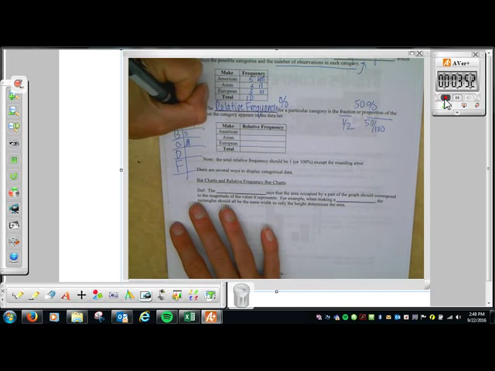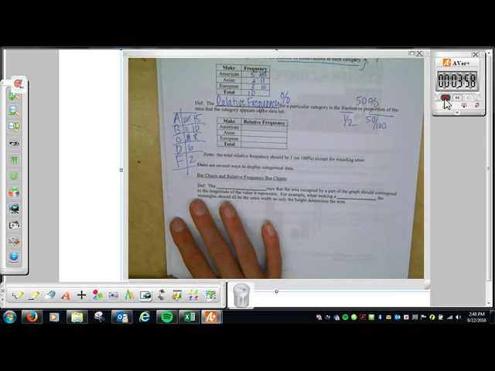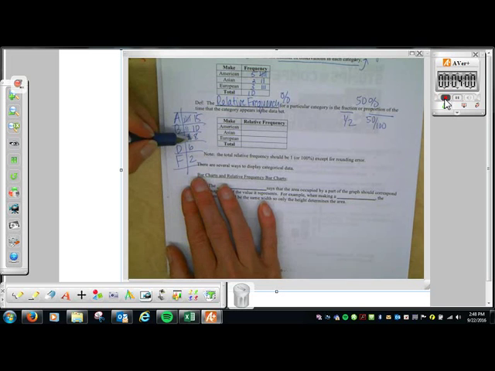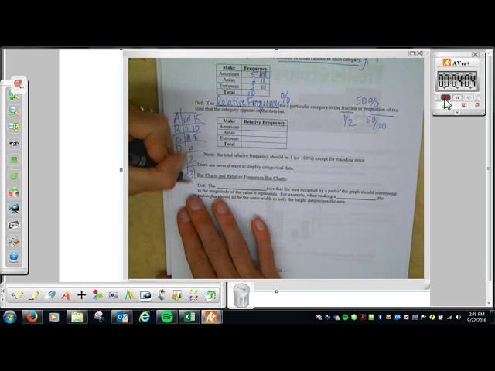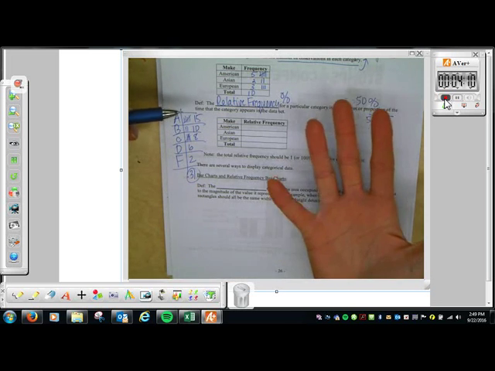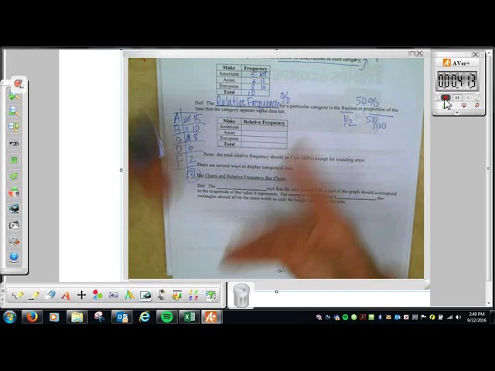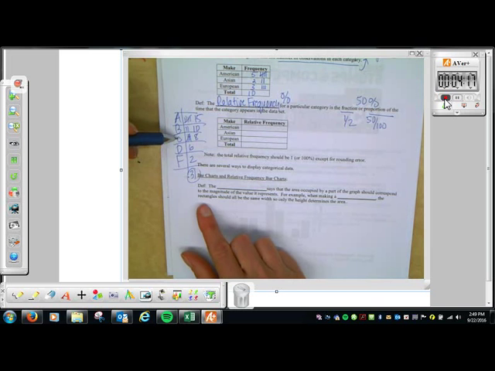And I will write it for all the classes, and then I'll say, well, I had 15 A's and 10 B's and 8 C's and 6 D's and 2 F's. Okay, and I add them all up, so that's 15, 25, that's 31 students, and so I end up with 31 total. Now, I want to find the percent. What percent of kids got an A? That's important to me. I want a bigger majority, a bigger percent of my students to have A's, B's, and C's than D's and F's.